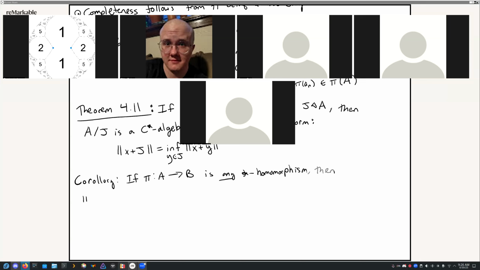I'll say any star homomorphism between C-star algebras has the image, the image is a C-star algebra.